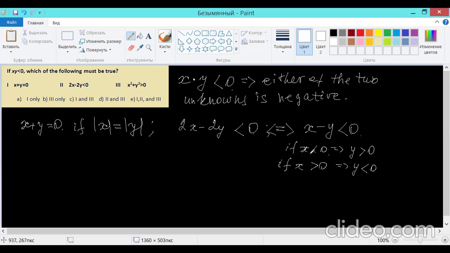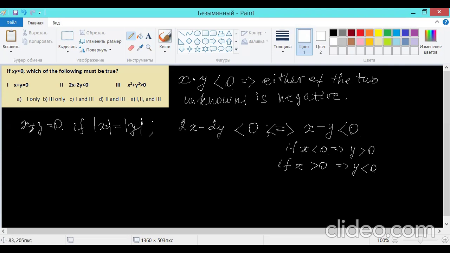In this case, it's partially correct only when x is negative and y is positive. But again, we don't know which of the two unknowns is negative and which is positive. For that reason, 2 cannot be an absolute correct answer either.